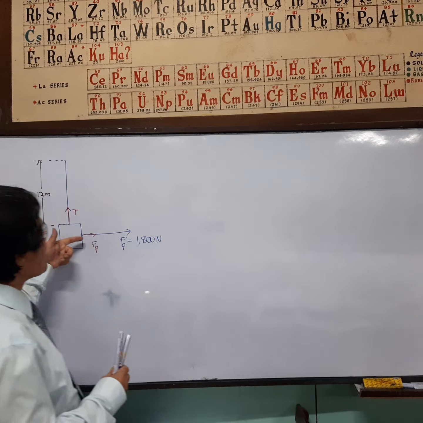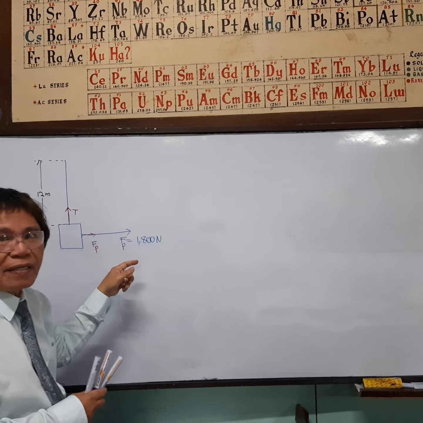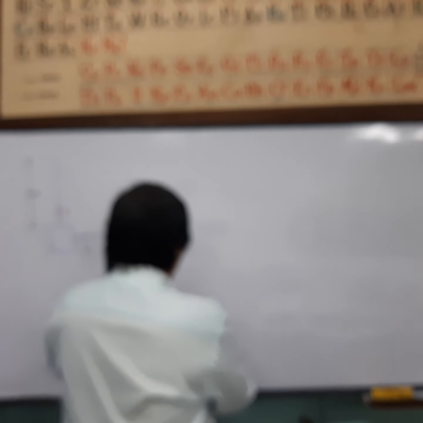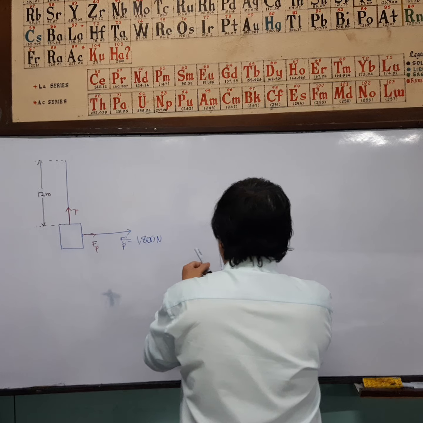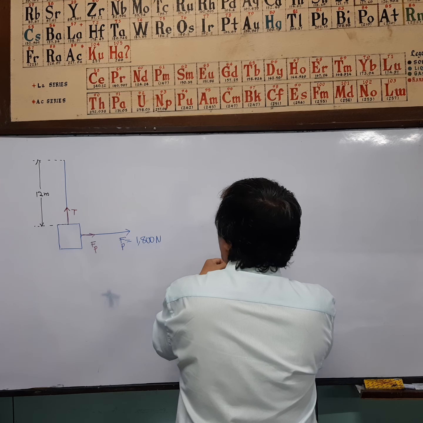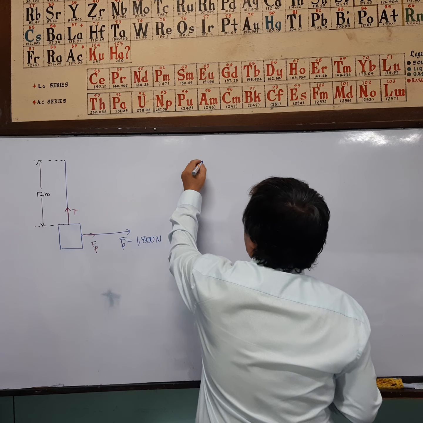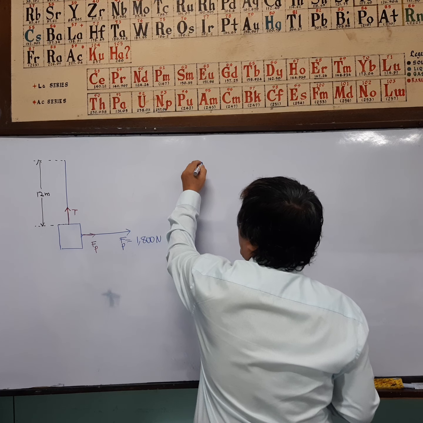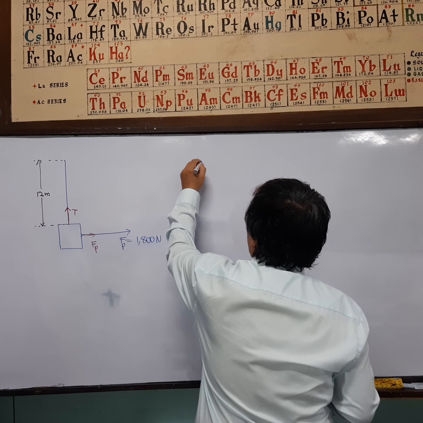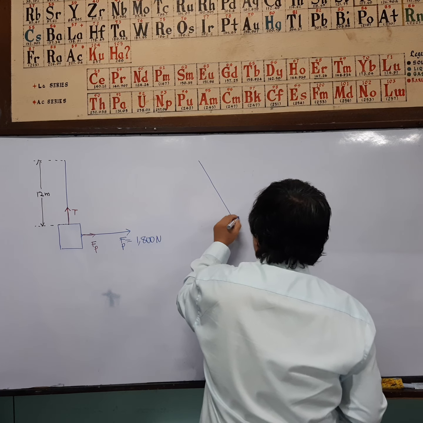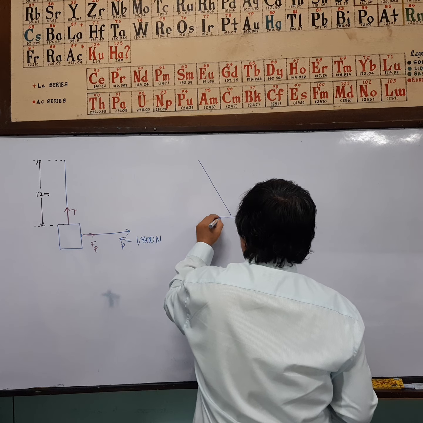Okay. And so, when this is being acted on by the force of 1,800 newtons, then the situation would be like this. The cable will be like this, the crate will be like this. This is now the crate.